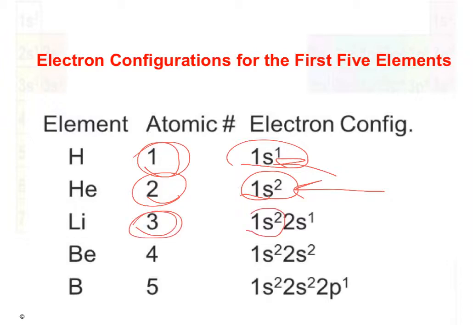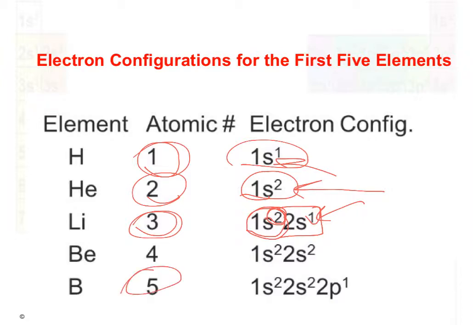So once we place 2 electrons into the 1s sublevel, it's full, and we have to move to the next energy level, which is 2s. And there's 1 electron to be put into the 2s. Just to keep track of the electrons you've placed, add together your superscripts at any point, and that will show you how many electrons you've placed so far.